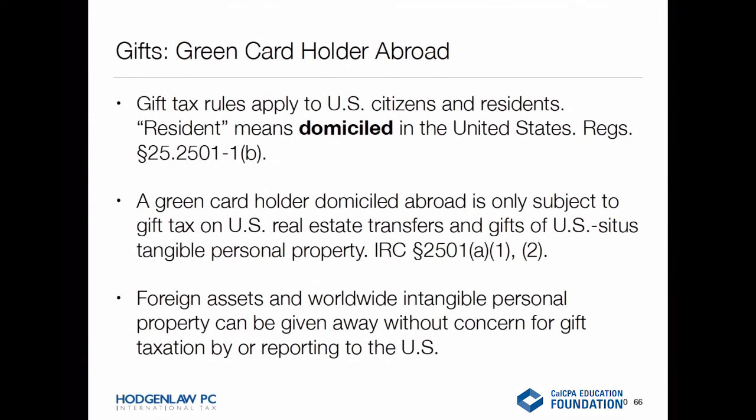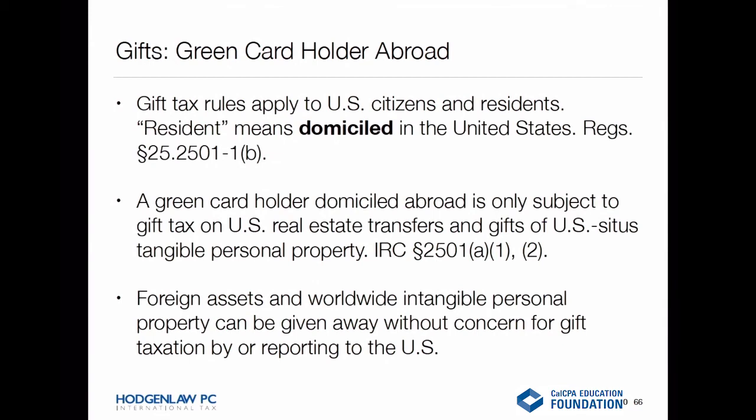There's a different set of criteria for it. A green card holder domiciled abroad is only subject to gift tax on U.S. real estate transfers and gifts of U.S. situs tangible personal property.